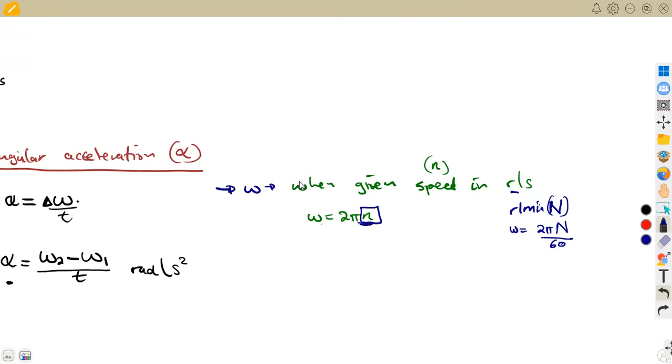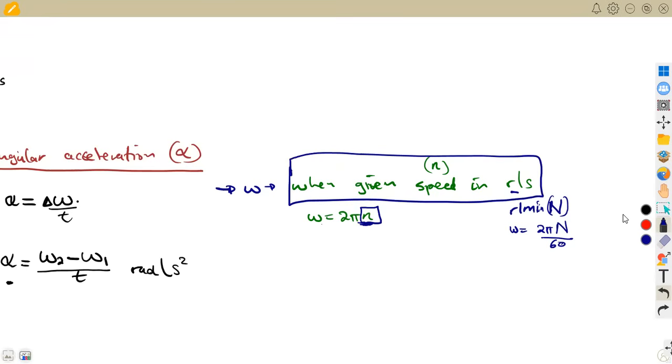When given the speed in revs per second, instead of writing omega 2, our omega 2 is going to be 2 pi n2. Remember, you'll be given two speeds in revs per second, n1 and n2. So it is going to be 2 pi n2 minus 2 pi n1, all over the time now.